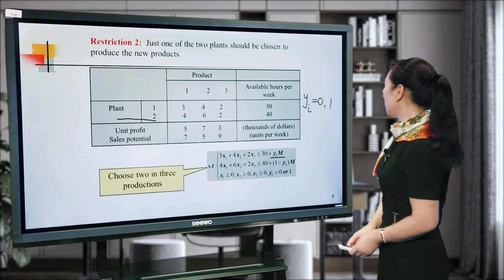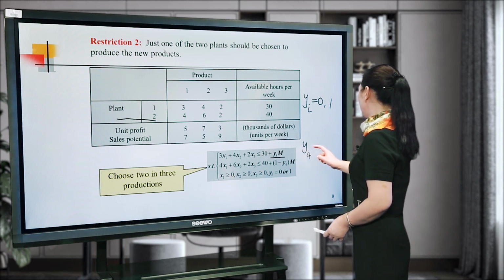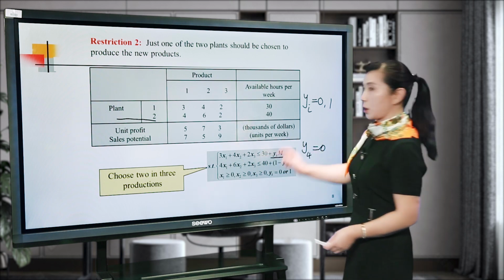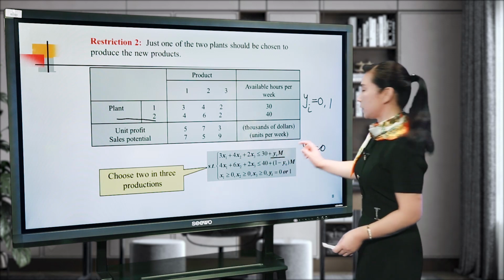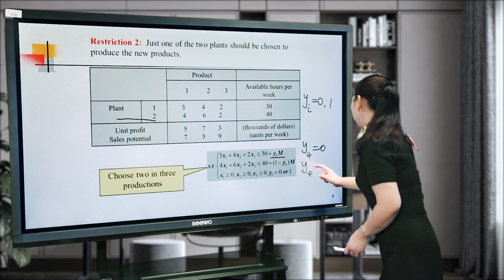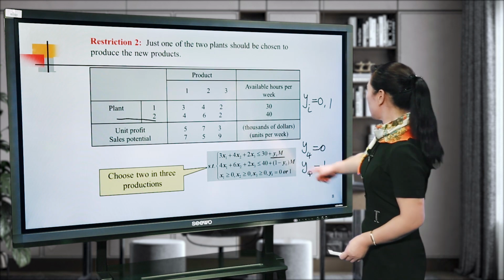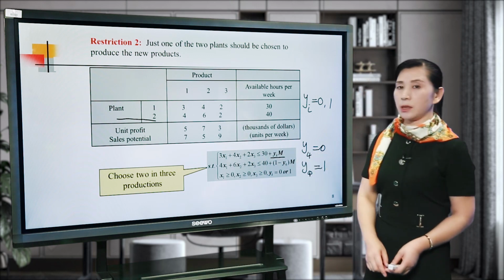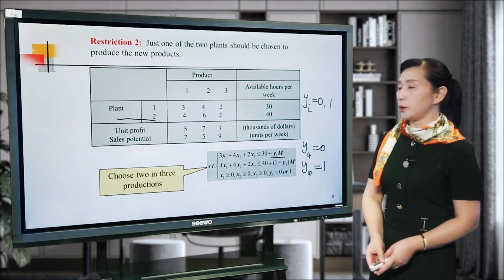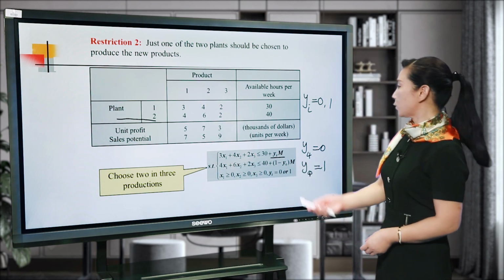We notice that in this content, when y4 is 0, the first constraint holds and the second constraint does not hold. When y4 equals 1, the first constraint does not hold and the second constraint holds. So we realize we choose 1 in 2.